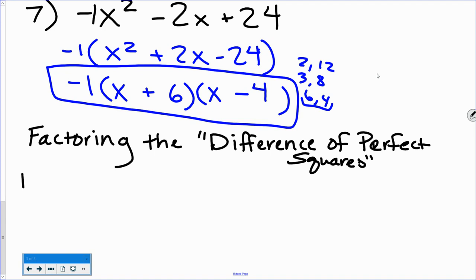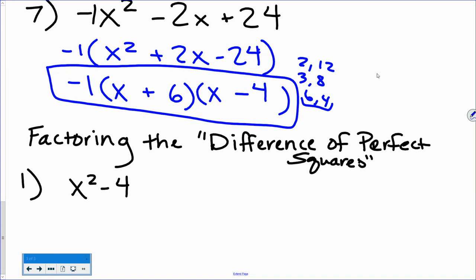So some examples of this would be x squared minus 4. All right, x squared is considered a perfect square because x times x gives you x squared. 4 is a perfect square because 2 times 2 gives you 4, or there's something to the second power that you could get those numbers or that variable with.